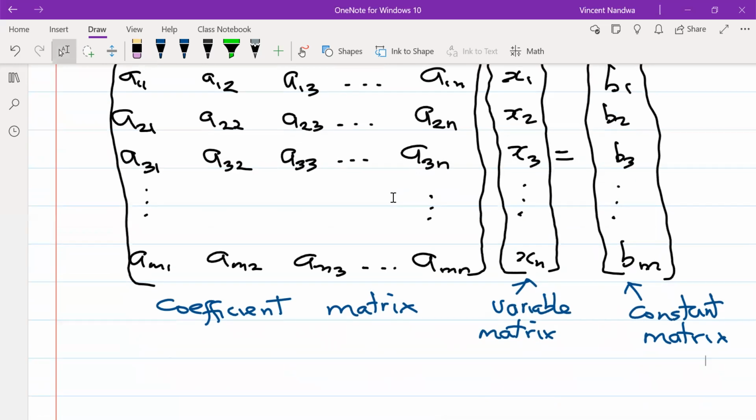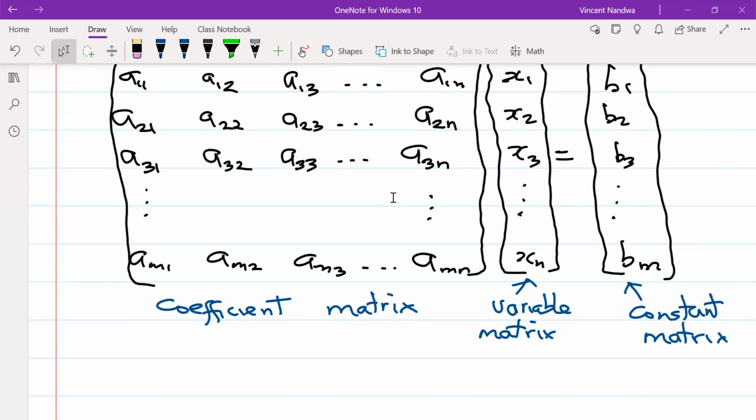There's still another way of rewriting system 1 in such a way that the only things which matter are the constants matrix and the coefficients matrix. But then you separate the coefficient matrix and the constant matrix by either a straight line or a dotted line.